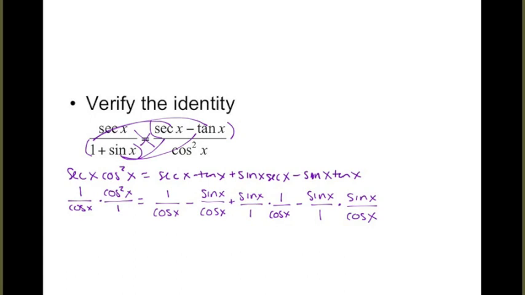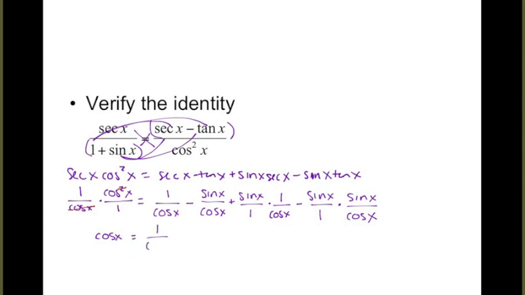One nice thing that can happen when we do this is that anytime we have a multiplication, we can look to see if something matches that can be canceled. So in our multiplication pairs over on the left, we have two fractions that are multiplied. There's a cosine on the bottom, a cosine on the top. So we can cancel out one of those cosines, and that whole side just turns into cosine.